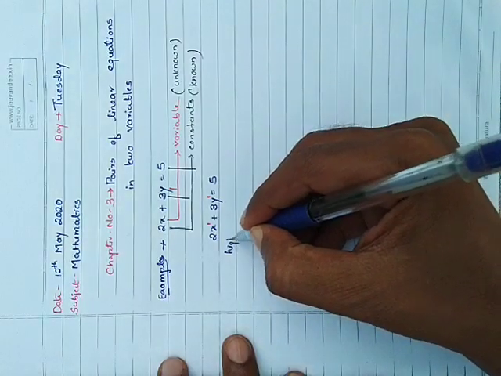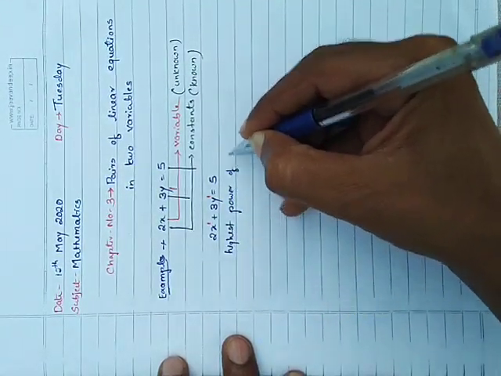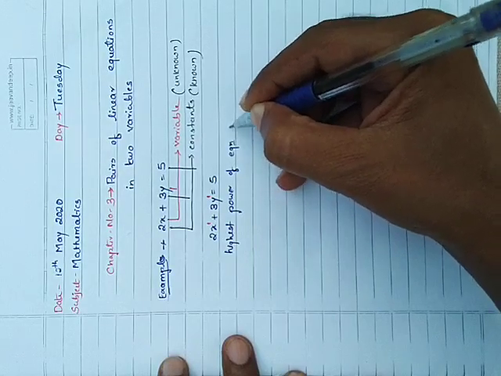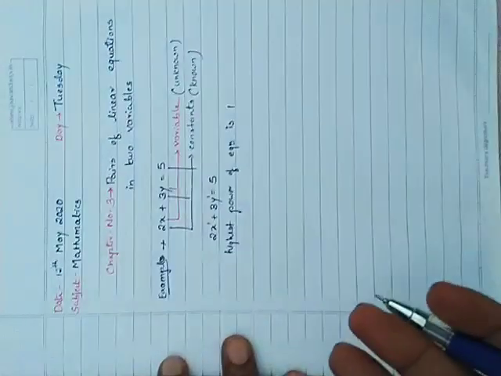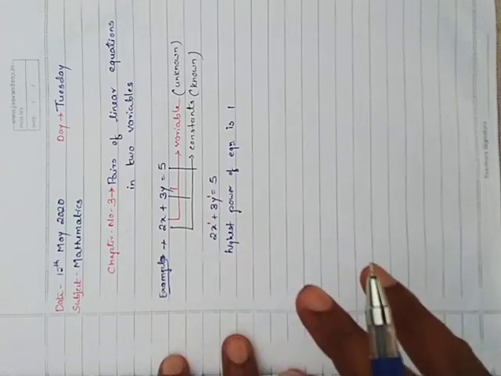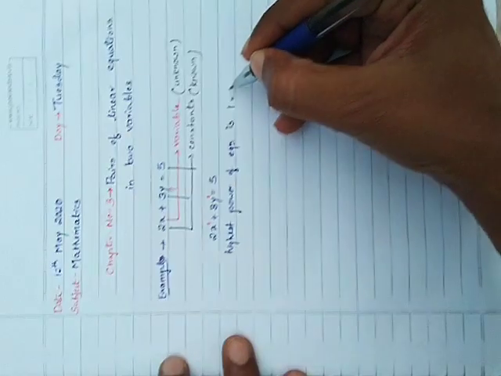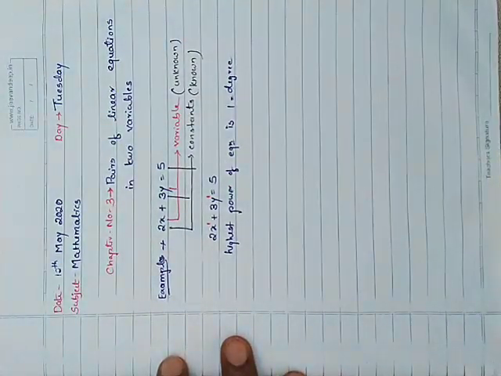Highest power of equation is 1. That if you consider x as well as y, whichever you consider, both of them have the highest power as 1. So highest power of the equation is 1, and this one is known as degree of the equation. If degree is 1, then it is known as linear equation.